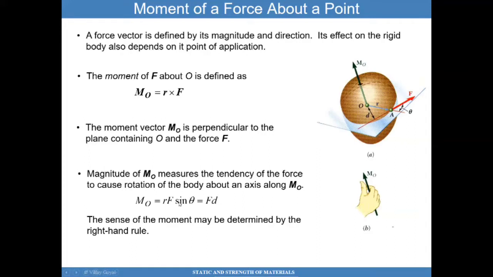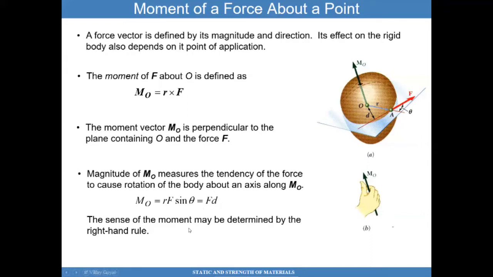But note that R sine theta is basically this distance d, the perpendicular distance of force F to point O. So that's another way to calculate it, as F times d.